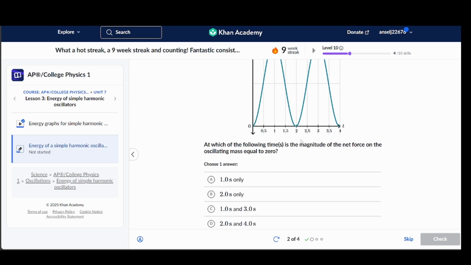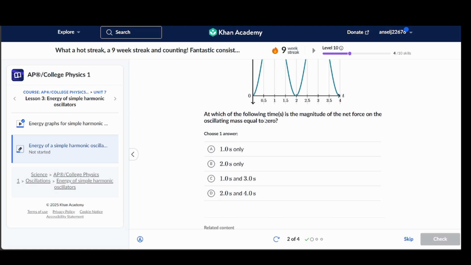Crest and trough, I'm pretty sure that's what it's called. It can't be this one or this one because there's multiple. Also, it can't be 2 and 4 because it could also be at 0. So it has to be 1 and 3.